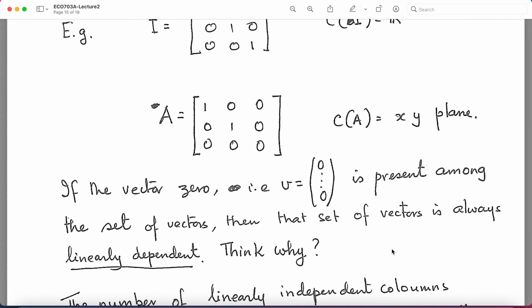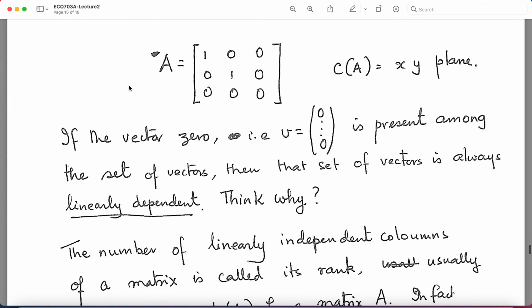Okay, here I have written: if 0 is present among the set of vectors, show that it is linearly dependent. It is very simple. If you take x y z equal to alpha of 1 0 0 plus beta of 0 1 0 plus gamma of 0 0 0, you will have x equal to alpha, y equal to beta, but gamma would be 0.